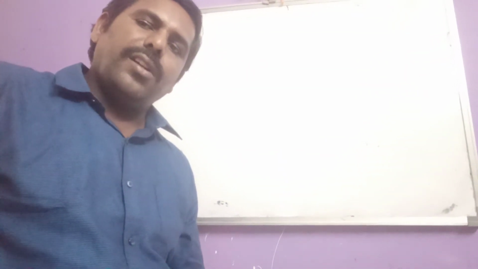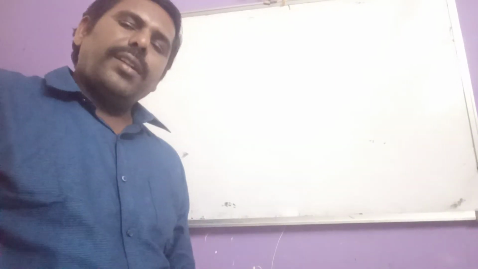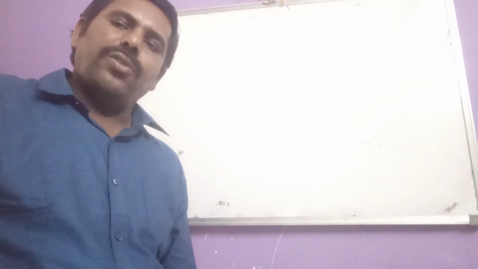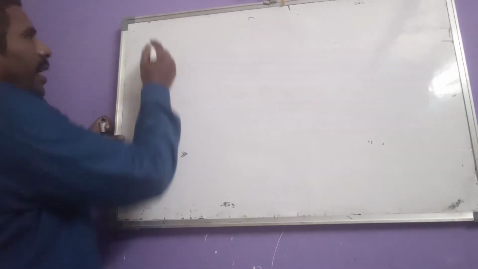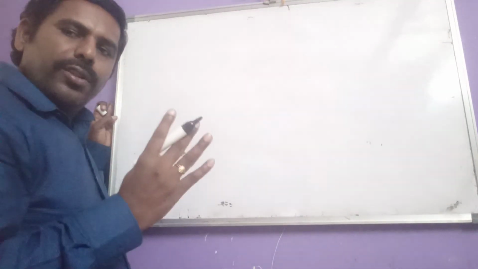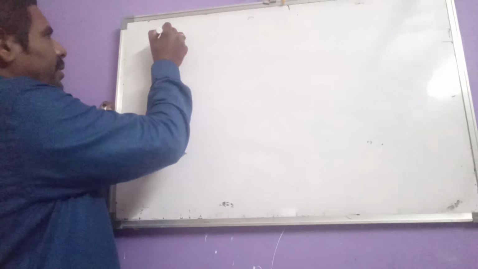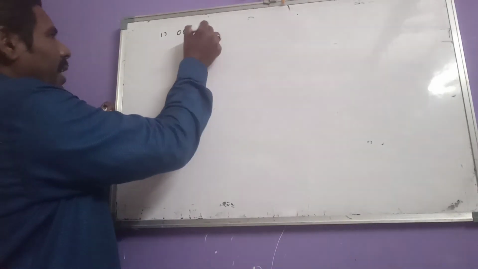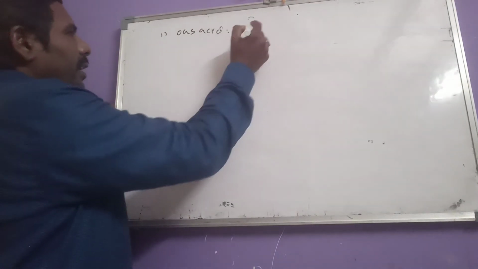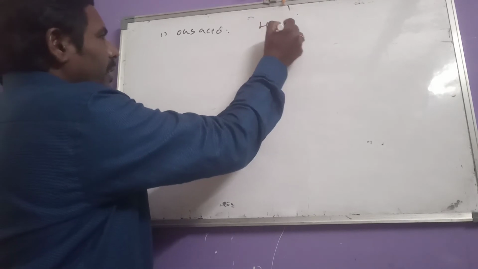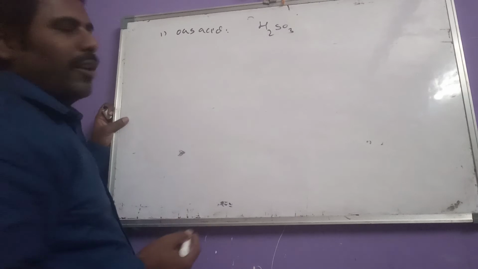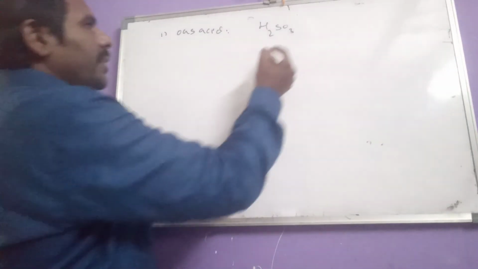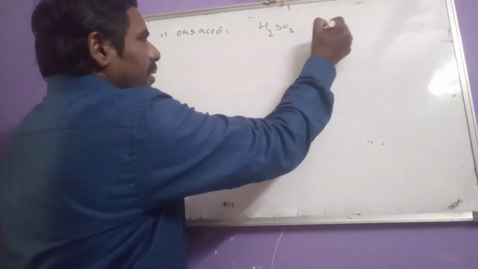Okay, now let us see oxy acids of sulfur. What are oxy acids of sulfur? We have to see here. So see, first oxy acids of sulfur, totally 4 series. What is the first series here? Ous acid series. So in ous acid series, first one is H2SO3, known as sulfurous acid.